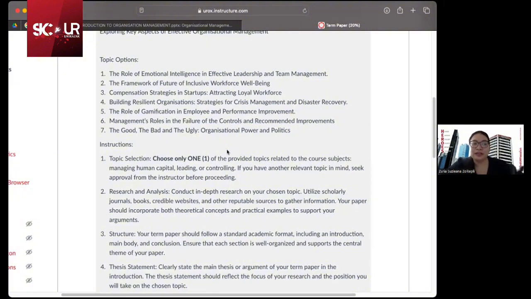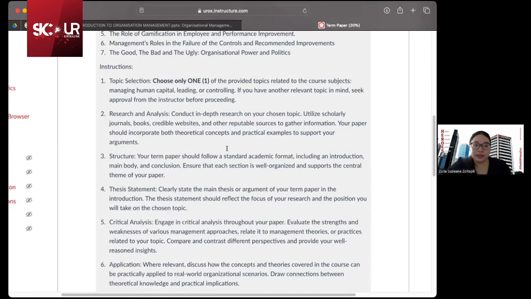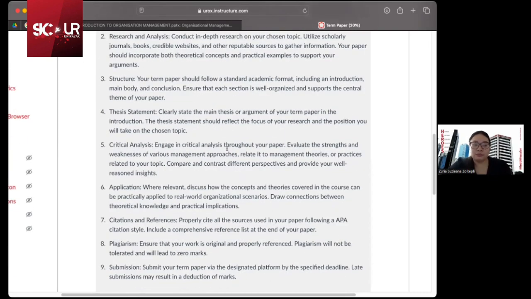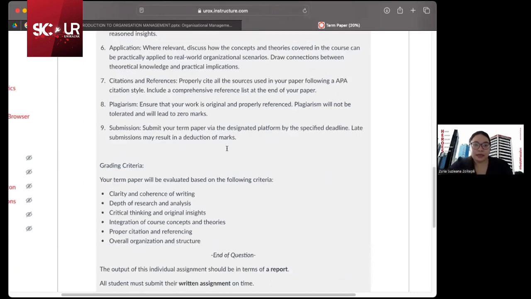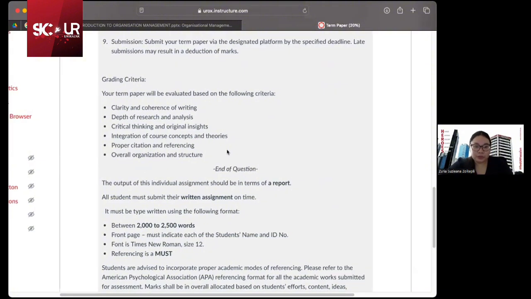So try your best to reflect with what you have learned, and not to put everything inside your term paper. And for the term paper, it's between 2,000 and 2,500 words, about 10 to 11 pages.